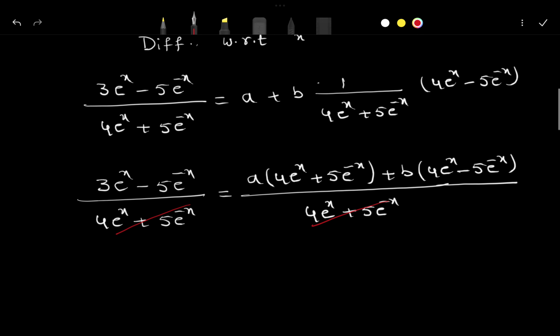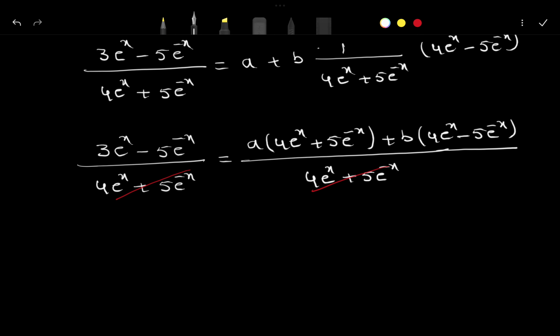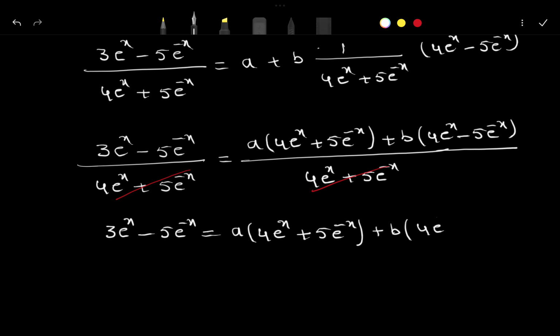Then the numerator value is 3e^x − 5e^(−x) = a(4e^x + 5e^(−x)) + b(4e^x − 5e^(−x)).